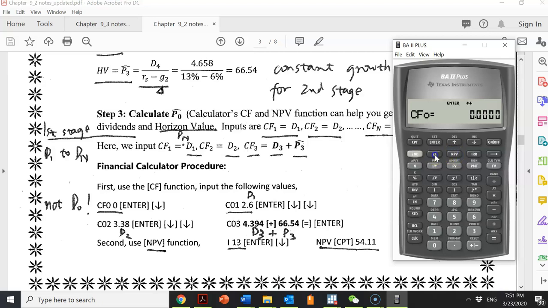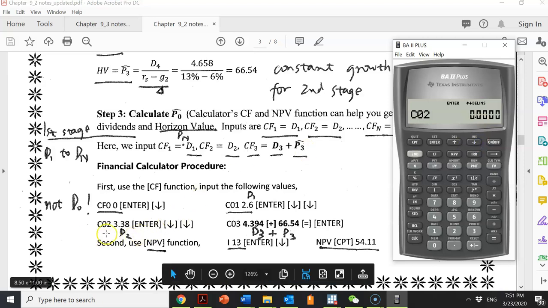So we press the cash flow function first. I'm at CF0, which should be 0, so we just press the down button. For cash flow 1, we input 2.6. Enter, down button. Frequency should be 1, down button.